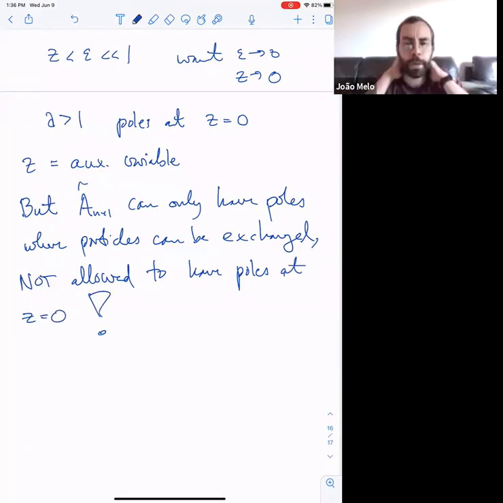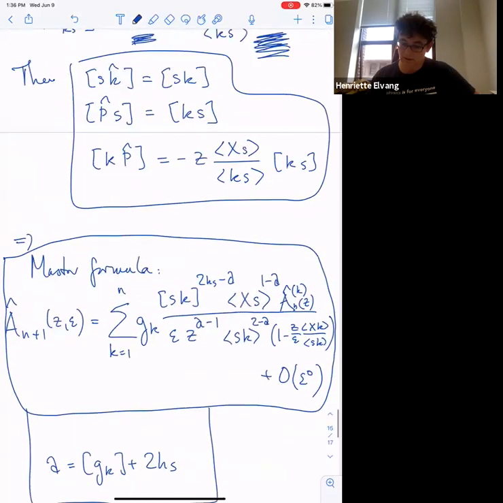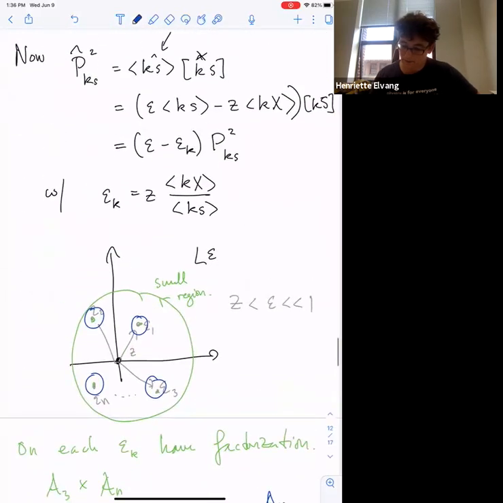Can I ask another question? Yes. In the derivation of the master formula, where did you have to use that Z is less than epsilon? So the way we used it was that I'm interested in an epsilon going to 0 limit. So I want to move these poles just a little bit away from 0.